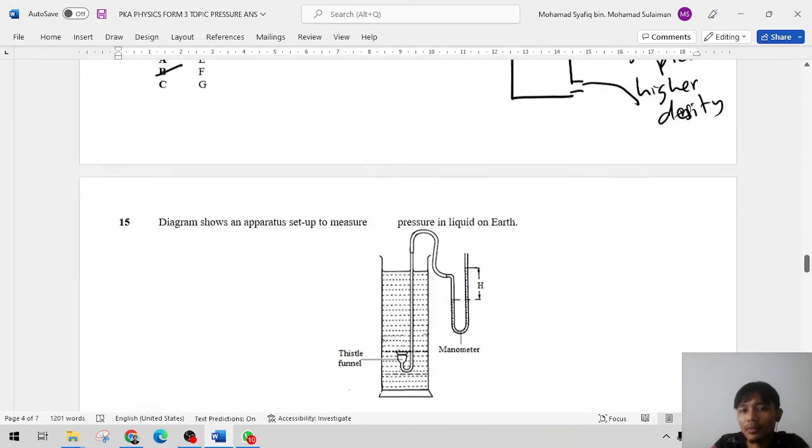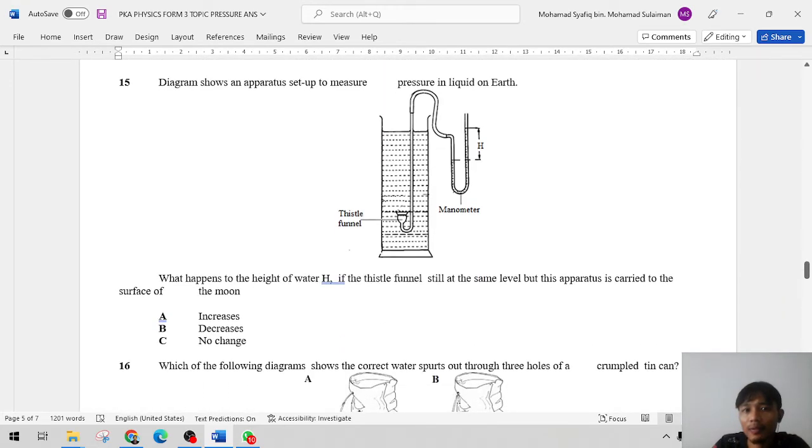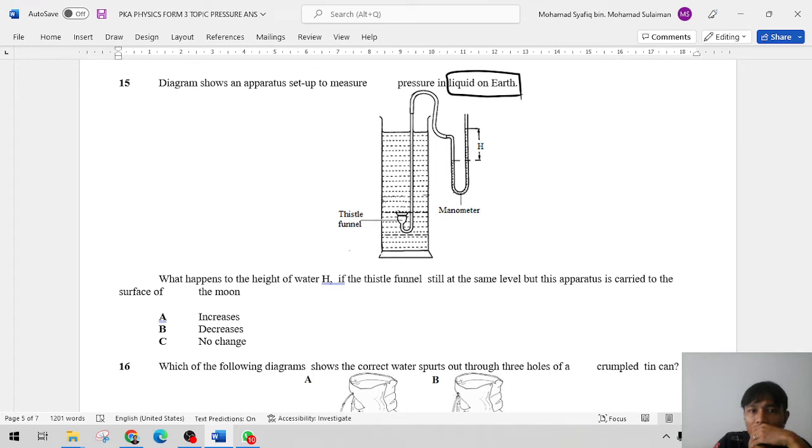Okay, number 50. So we have a diesel funnel, right? So we do the experiment on Earth. So what will happen to this H if we have the diesel funnel, same level, same depth, but the apparatus is carried to the surface of the moon?